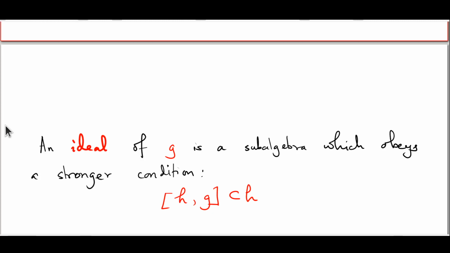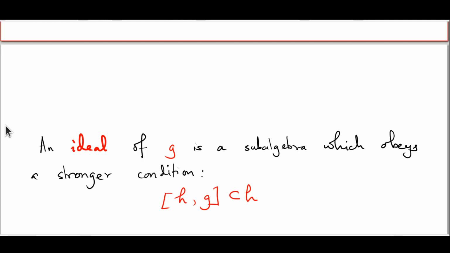itself. To qualify as an ideal, what must happen is that if you take any element from this ideal and any element whatsoever from the original Lie algebra, the ambient Lie algebra, the resulting Lie bracket would have to be in the subalgebra itself.